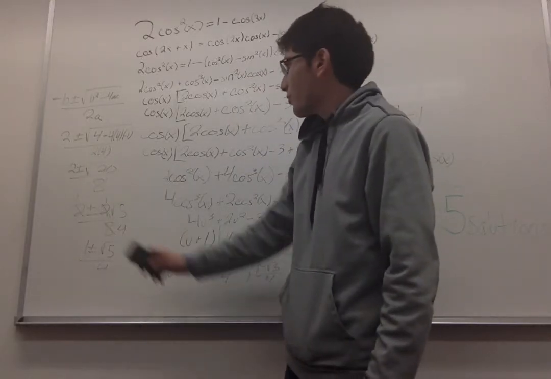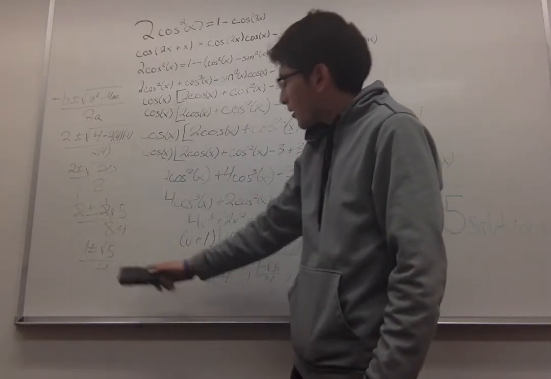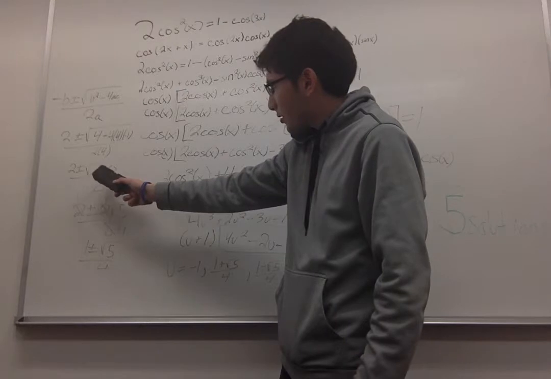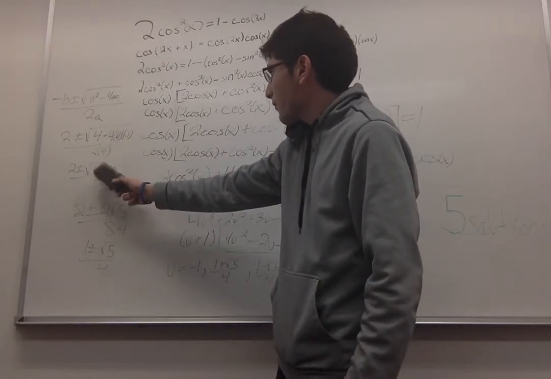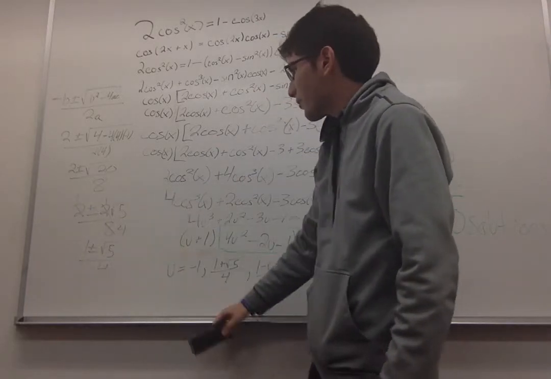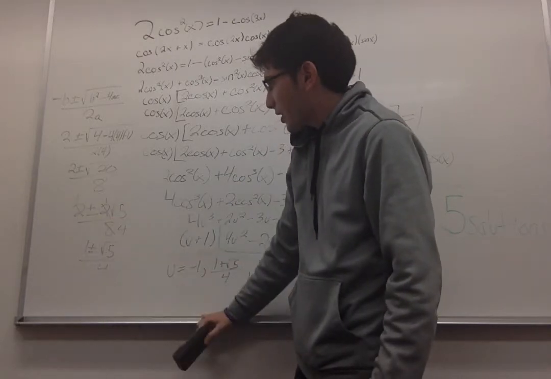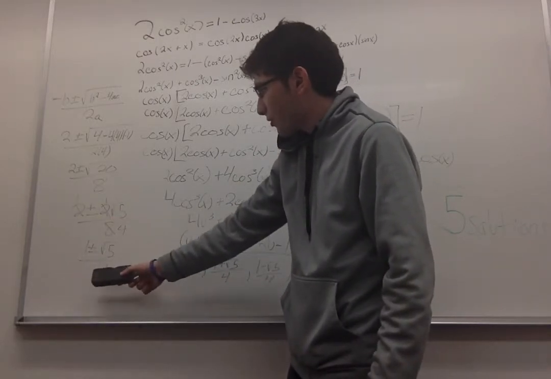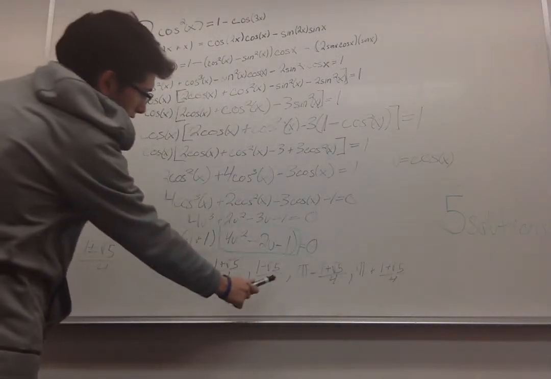So it'll be 2 plus or minus square root of 20 all over 8. Then we take the square root of 4 out, it'll be 2 plus or minus 2 times square root of 5 all over 8, and then simplify it, and it'll be (1 plus or minus square root of 5) over 4. And that will give us 2 more solutions.